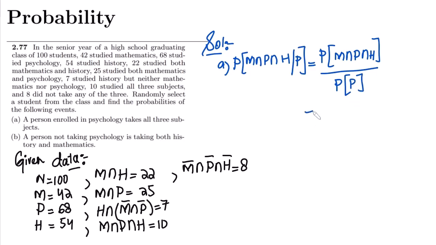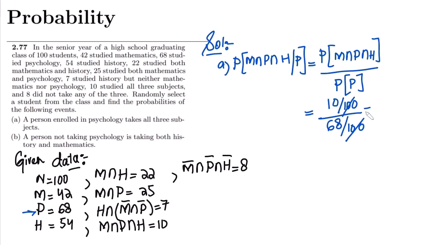Okay, so let me write their values. The probability that he would be in all these 3 subjects would be 10 divided by the total number of students, which is 100. So 10 divided by 100, divided by the probability that he will opt for psychology, which would be the number of students who have taken psychology, 68, divided by the total number of students, 100.